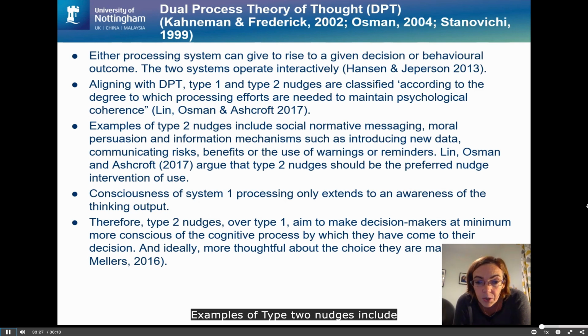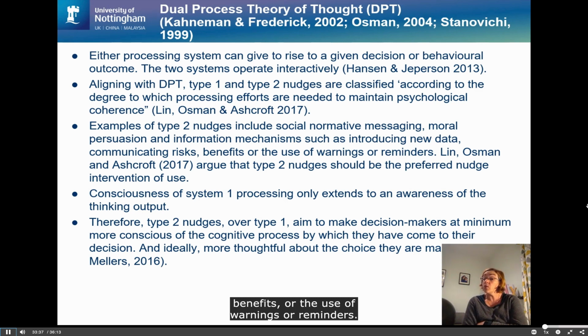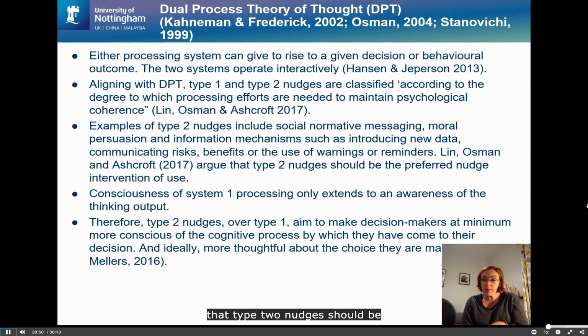Examples of type 2 nudges include social normative messaging, moral persuasion, and information mechanisms such as introducing new data, communicating risks and benefits, or the use of warnings or reminders. And we are seeing this play out right now as we're going through the COVID-19 pandemic. The authors, Lynn Osman and Ashcroft, argue that type 2 nudges should be the preferred nudge intervention.